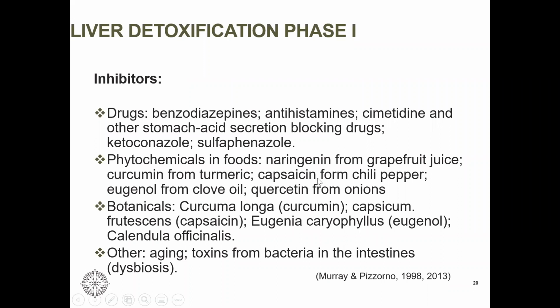You can see that our favorite herb or spice, turmeric, is written here, curcumin. Then we have calendula also written here. Some phytochemicals such as quercetin and capsaicin are also written here apart from grapefruit. Now, what do I take away from this slide?